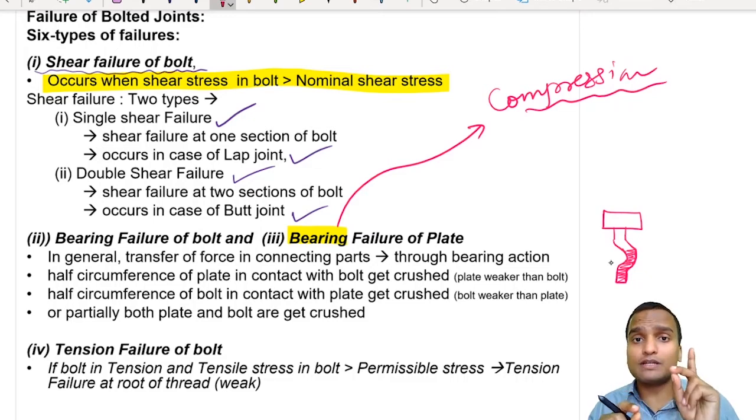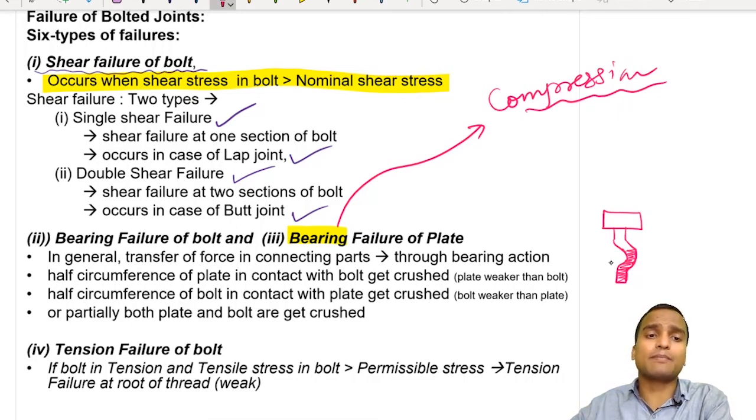If the bolt is of inferior quality and the plate is of superior quality, and if we increase the load, then what will happen? The plate will not fail, but instead the bolt will get crushed. This crushing of bolt or plate is the bearing failure of bolt or the bearing failure of plate. And if both are of inferior quality, then both of them will fail partially.